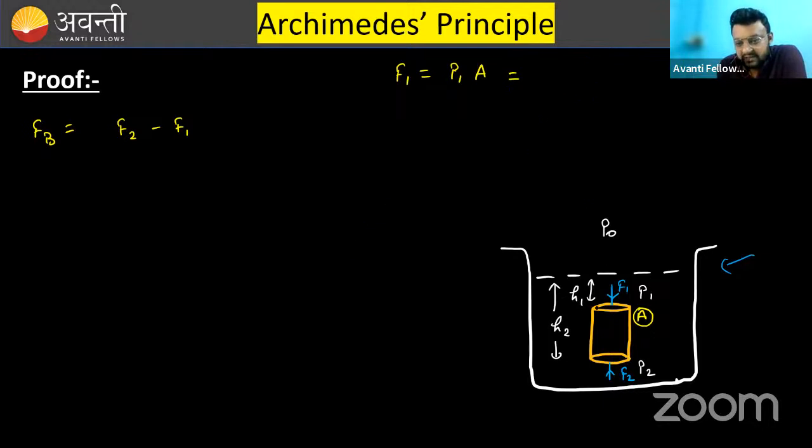At this surface, the top surface, pressure is what? You will say pressure P1 is equal to atmospheric pressure P naught plus rho g h1, into A. This is force 1.